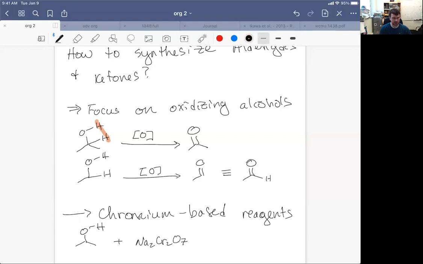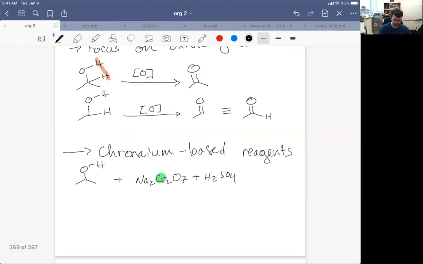Maybe you remember this. You're like, wow, that's a lot of elements, but the one that I want you to focus on is the chromium atom at the center of it all, plus a little bit of sulfuric acid. In combination, these two things give rise to the Jones oxidation reaction, and they allow for the formation of ketones from secondary alcohols.